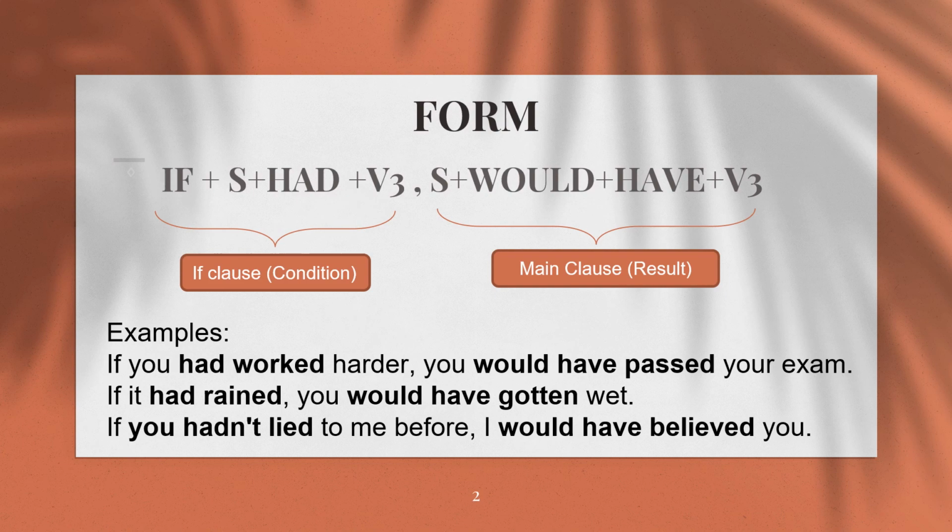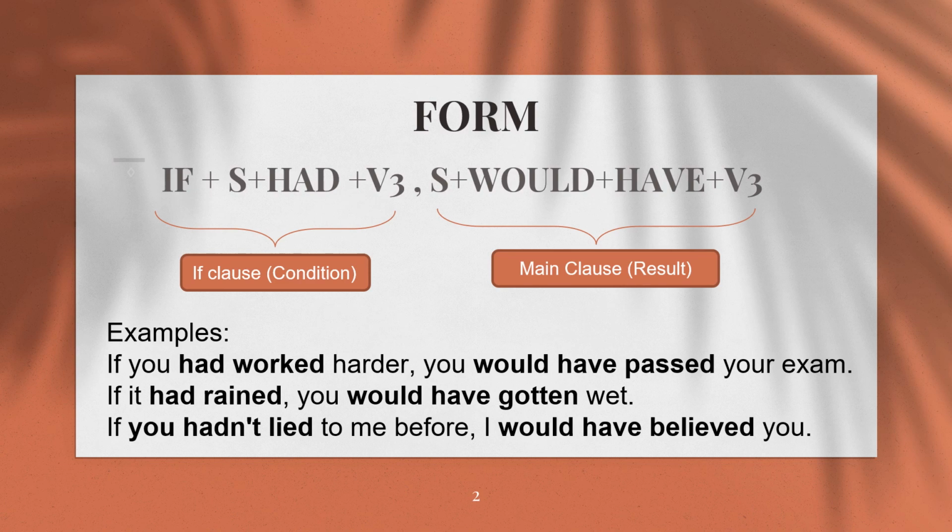If clause consists of if plus subject plus had and verb 3. Had plus verb 3 is actually indicating past perfect tense. And then for the main clause, we have subject plus would plus have plus verb 3.